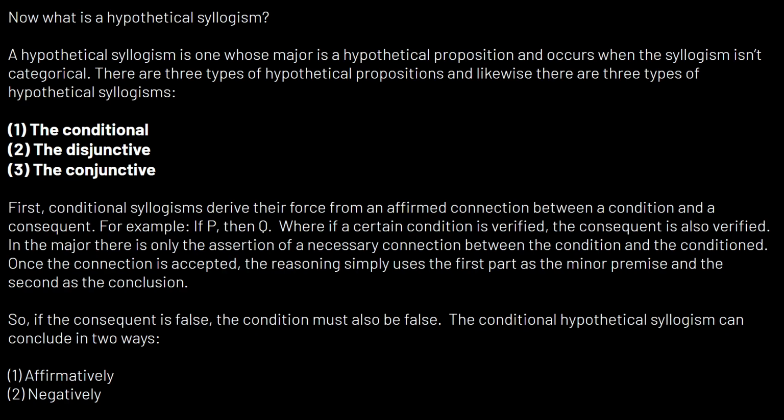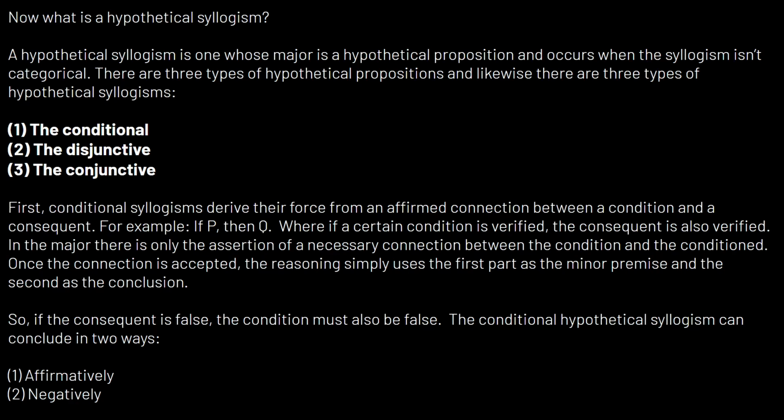Now, first of all, the conditional syllogism derives its force from an affirmed connection between a condition, that is an antecedent, and a consequent. That is, if I say, for example, if P is true, then likewise the consequent Q is also true. Where if a certain condition or antecedent is verified, the consequent is also verified.